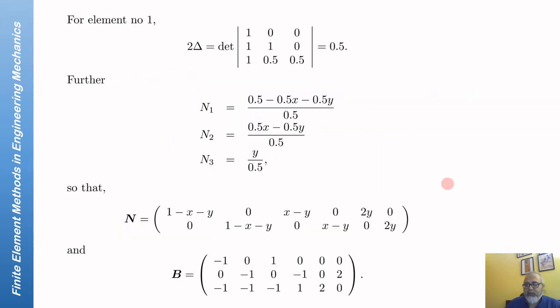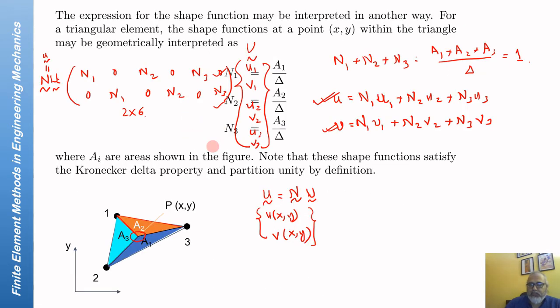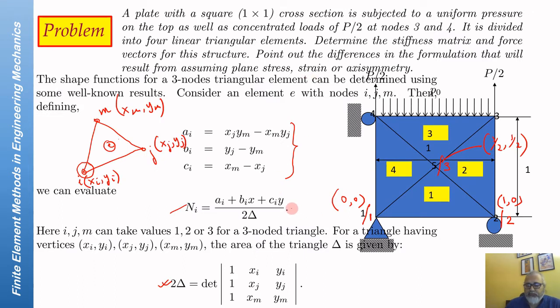If for this element 1 you want to calculate the area of the element, remember it is the determinant of 1 x1 y1, 1 x2 y2, 1 x3 y3. So x1 y1 is 0 0, x2 y2 is 1 0, and then half half. This determinant will give you 0.5. So 0.5 divided by 2 is the area of the element, and then you calculate N1, N2, and N3 by using this formula.